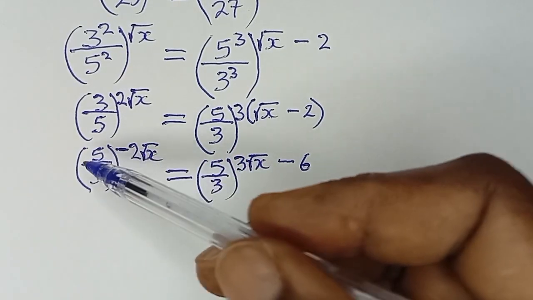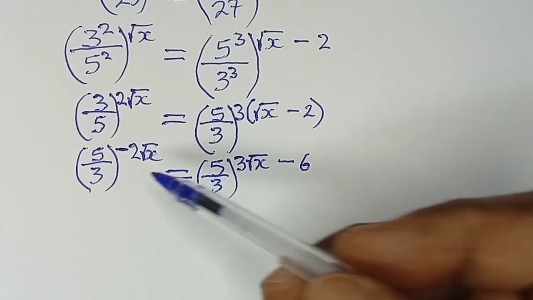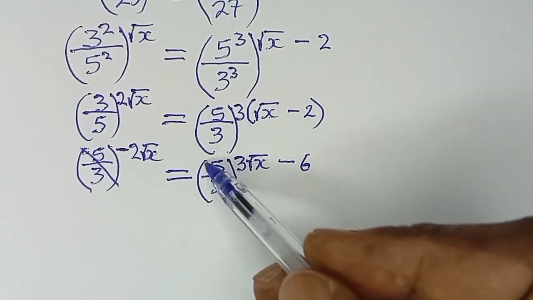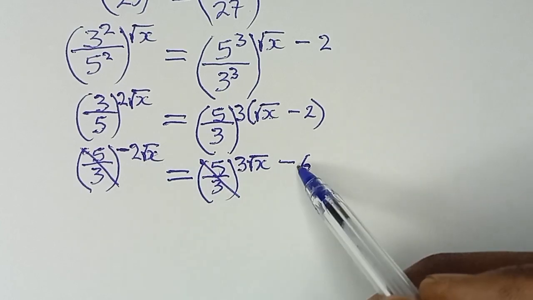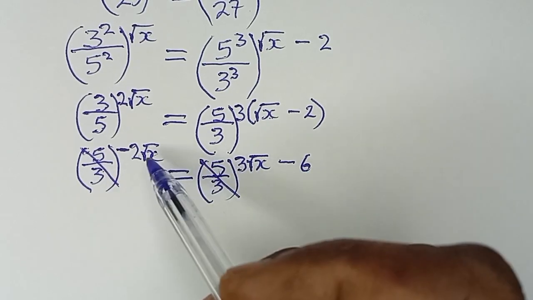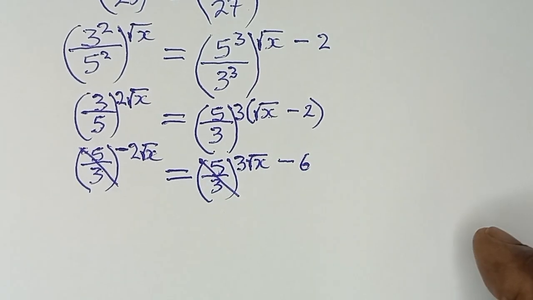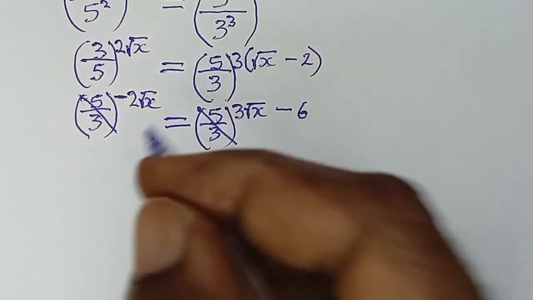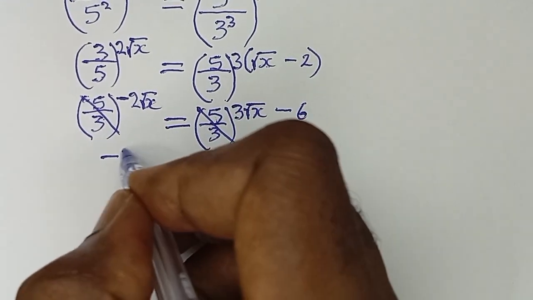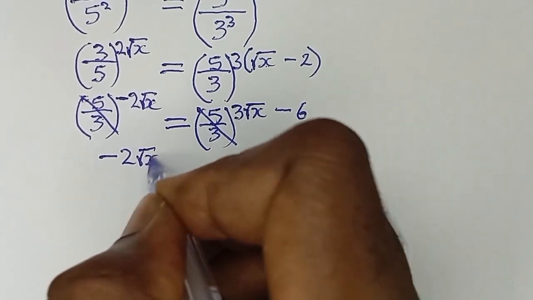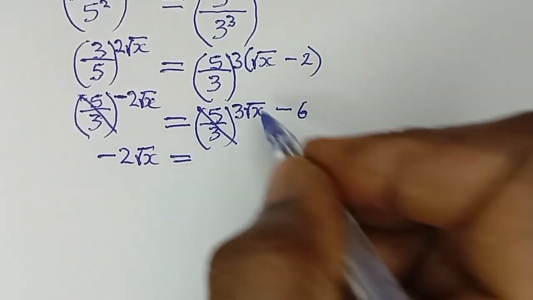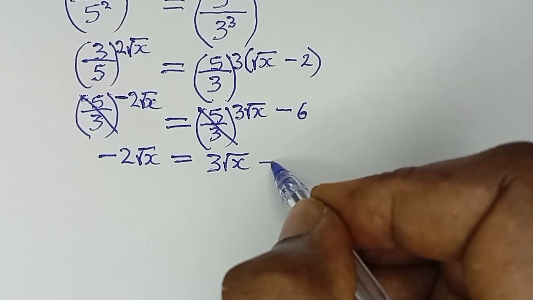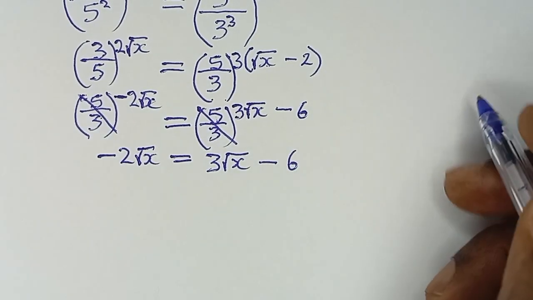So now that the bases are equal, 5 over 3, 5 over 3, we can simply ignore the bases and equate the powers. Because once the bases are equal, it also means that the powers are equal. So we equate the powers now so that we can simplify further. I'm going to write −2√x as a power, and that will be equal to 3√x − 6.